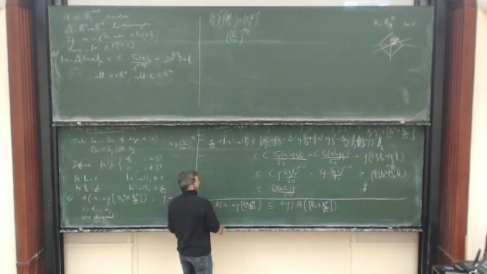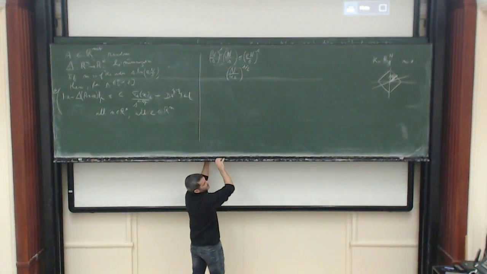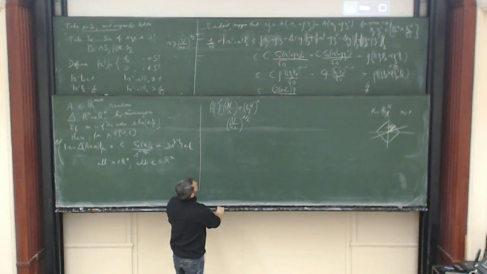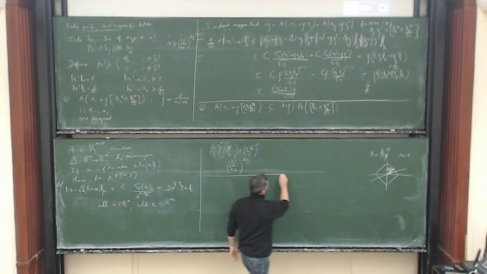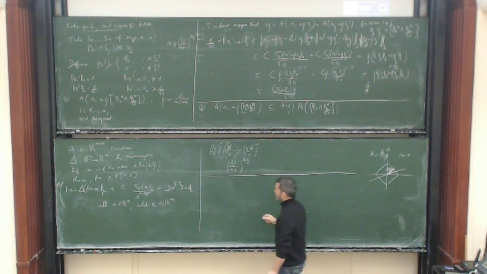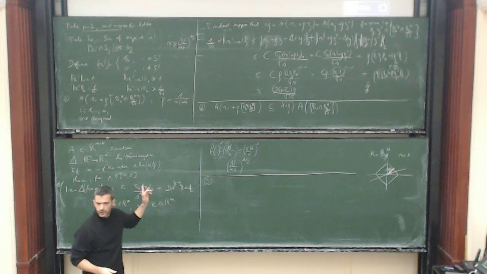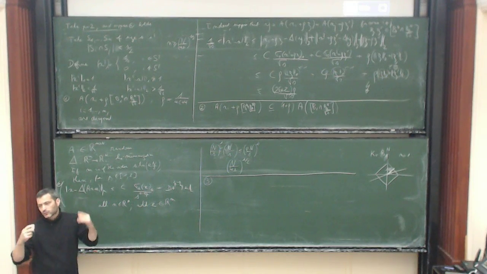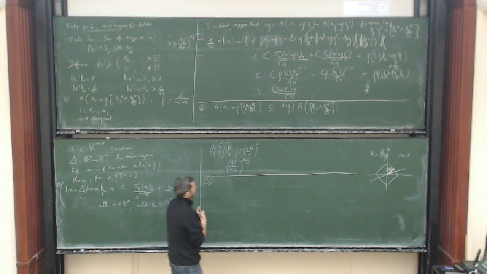So now we will again use some volumetric argument, but we use a volumetric argument in Rm and not in a quotient space. So we're a bit more comfortable doing that, right?